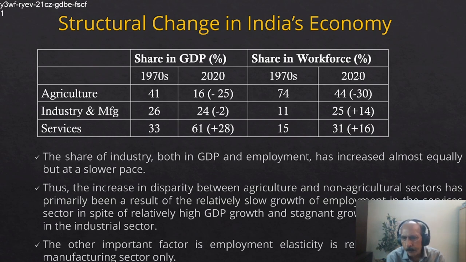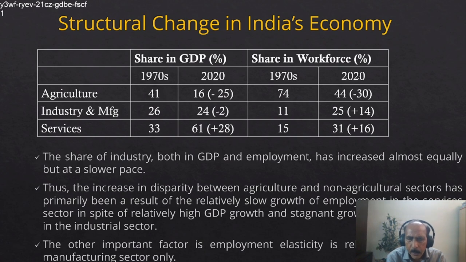And moreover, the industrial manufacturing sector, which we opened up after 1991, has to compete with the rest of the world. In the rest of the world, we observe that the demand for industrial and manufacturing goods was rising at the rate of 3 to 4% per annum, while the productivity in this sector was rising at the rate of 7 to 8% per annum.